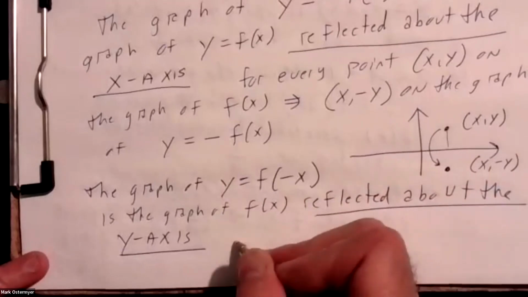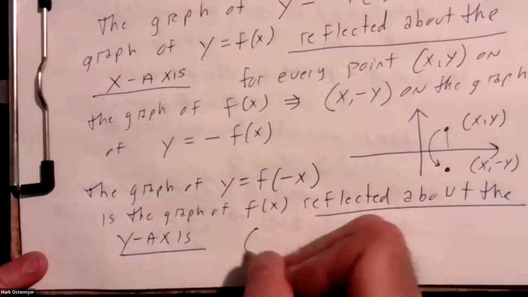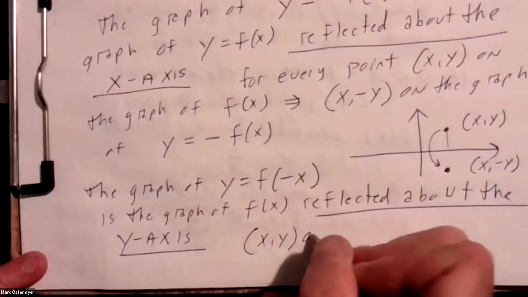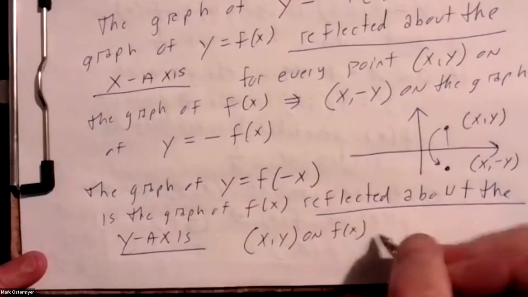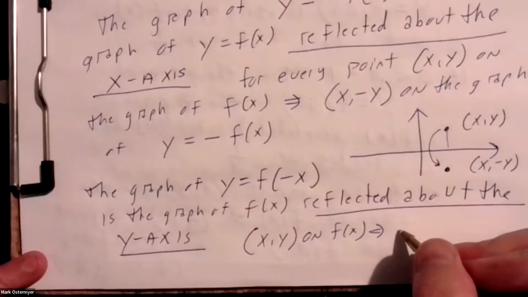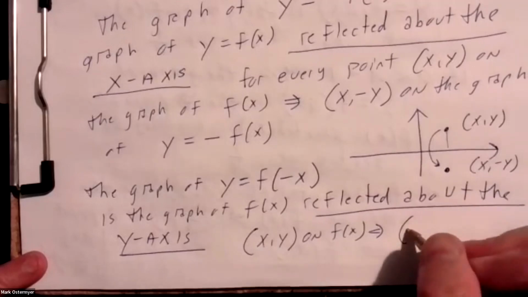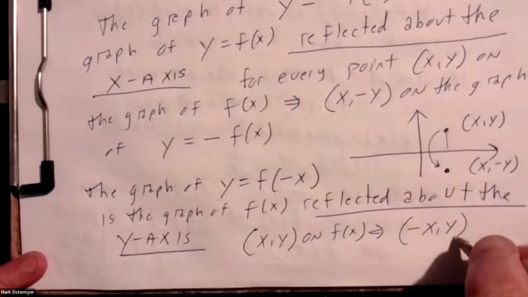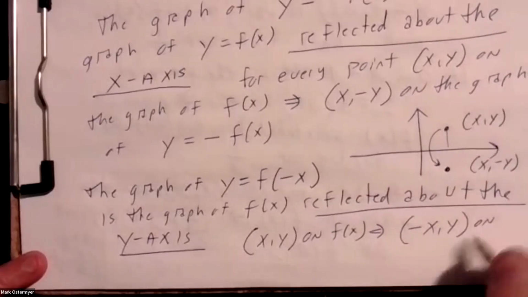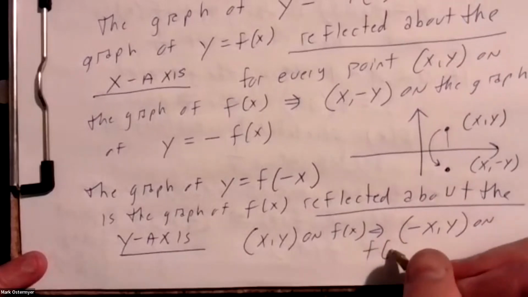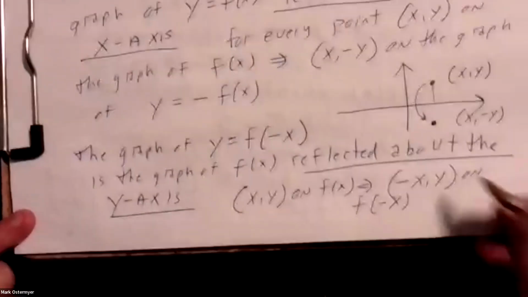Because here's what's going to go on here. For every point x,y on the graph of f of x, on the new function's graph, the point will become negative x, y. This will be a point on the graph of the new function f of negative x.